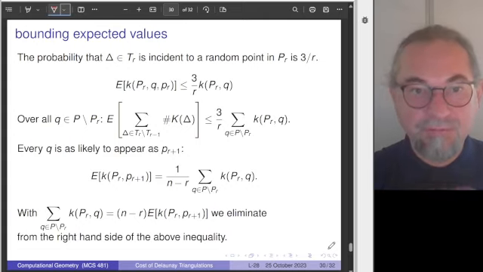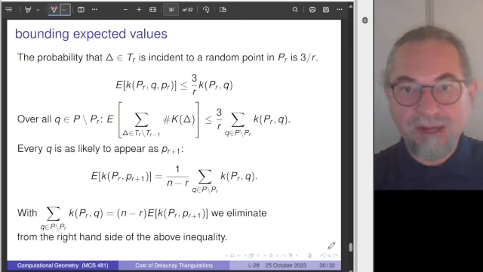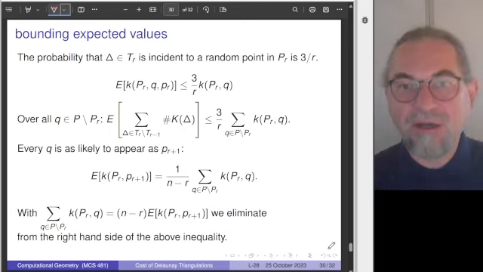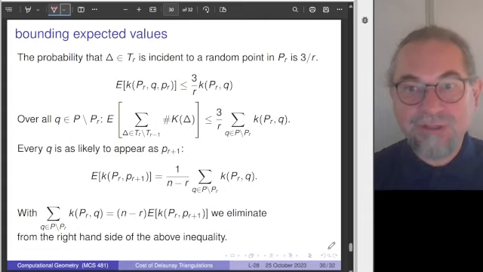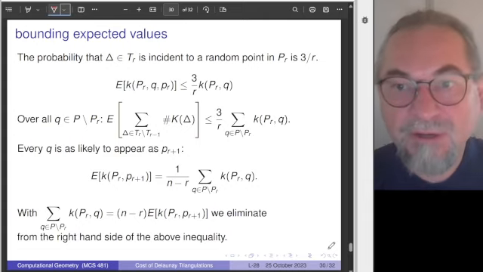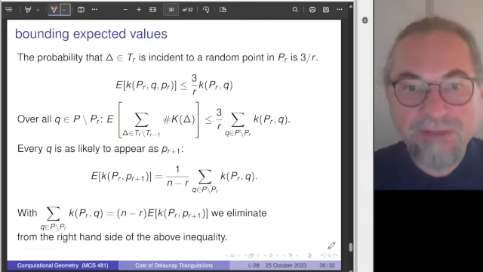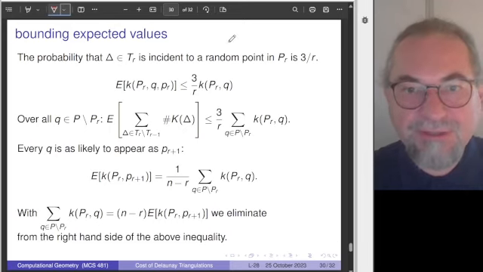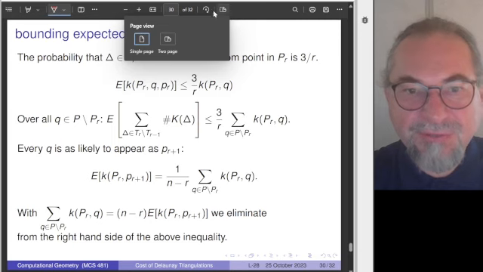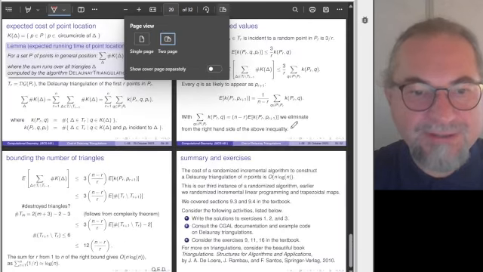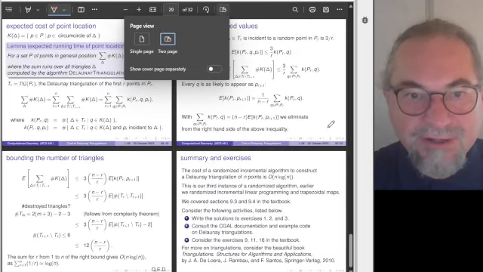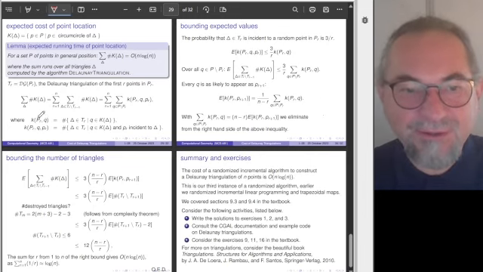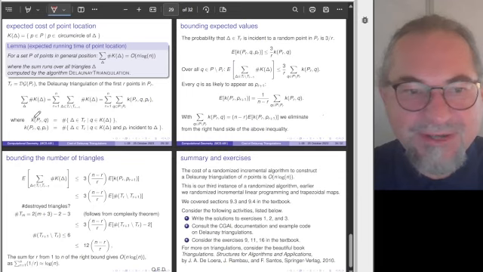So the probability that the triangle contains any point is three vertices and 1 over r if we take the average. Now I do need the previous slide, because we may have forgotten already where we are. And you can see that here we are very close to the end of this lecture.